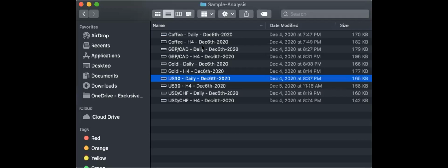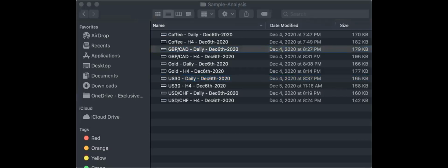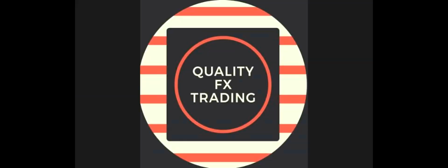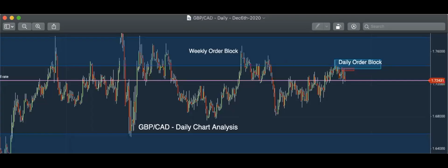Next one. Yeah, this is a pound CAD. And here in this daily chart, again, this is a daily chart.